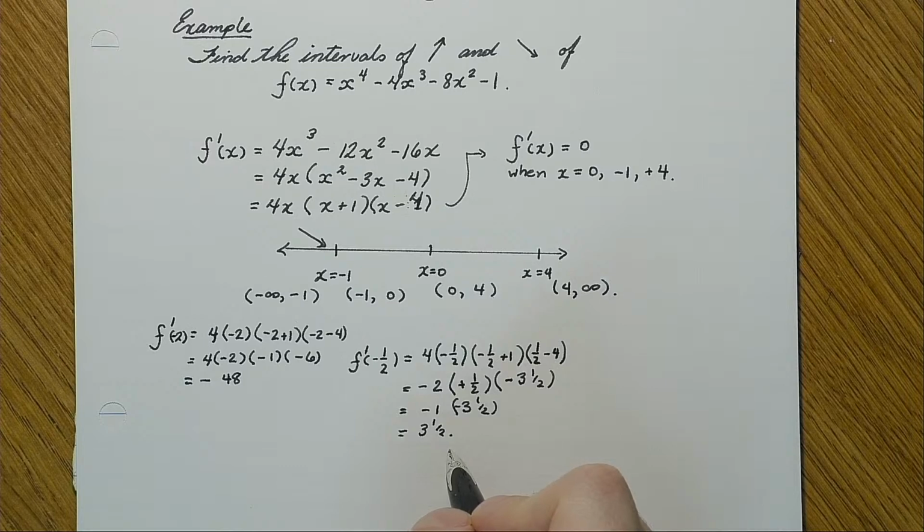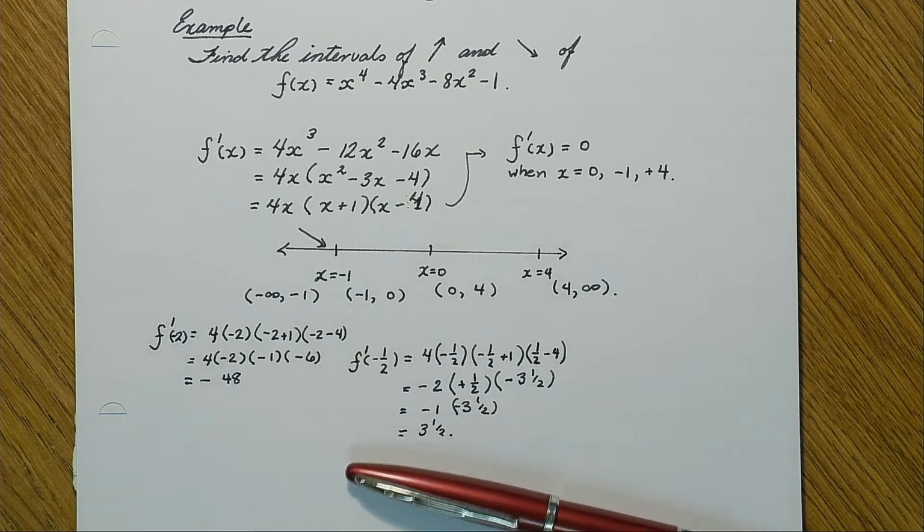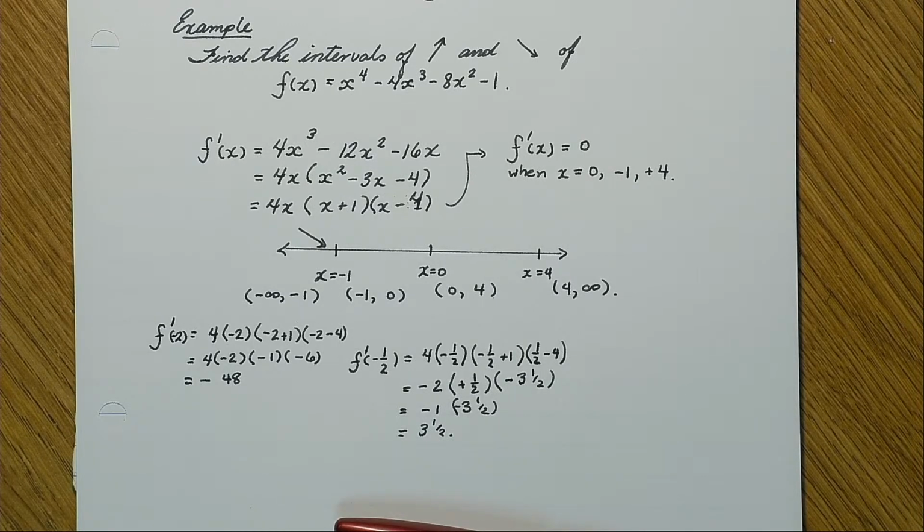I got 3 halves. Oh, now we're at 50-50, so someone else has to break the tie. I got 3.5, yeah.